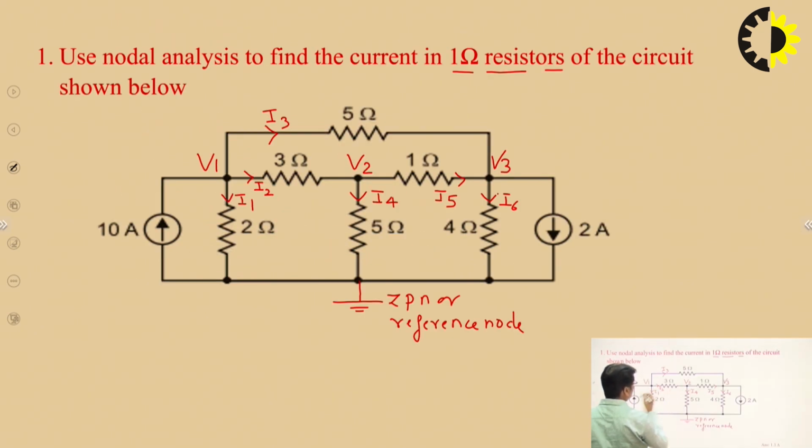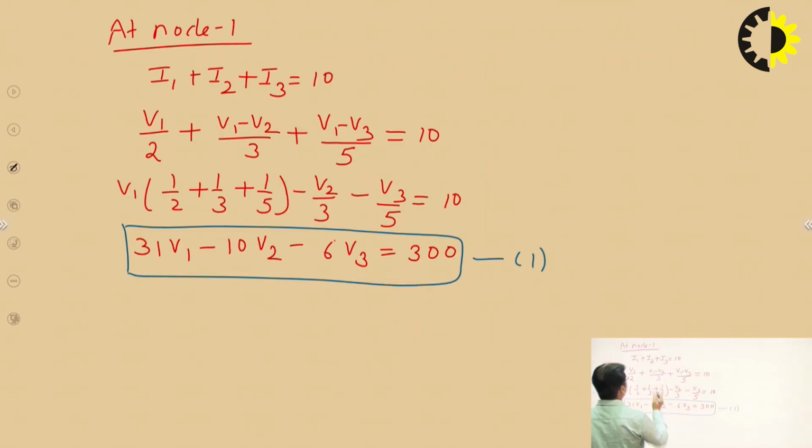So at node 2, I2 is equal to I4 plus I5.